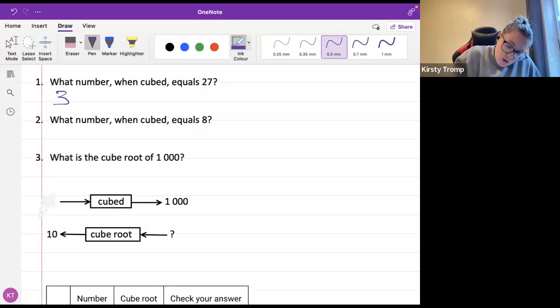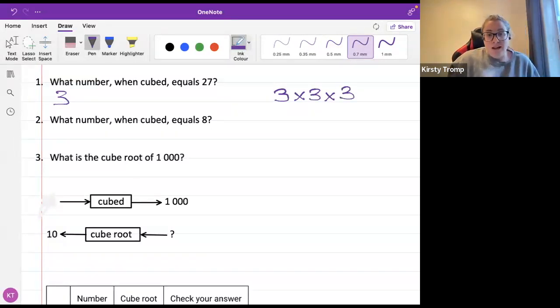For those of us who are still a little bit unsure about this whole thing of cubing, what does cubing actually mean? It means that I'm going to take 3 and I'm going to say 3 times 3 times 3. That's what it means to cube.